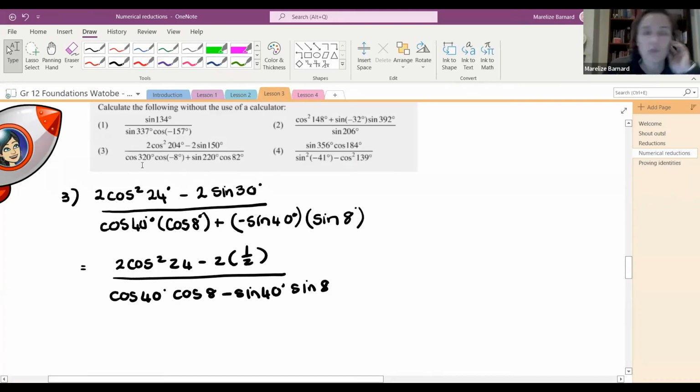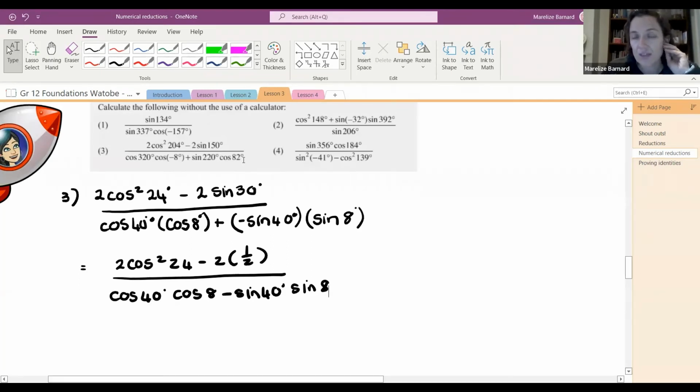Then cos of 320 is cos of 40, because that's in the fourth quadrant, and cos is positive in the fourth quadrant. Cos of minus 8 degrees is also positive, it's cos of 8 degrees. And then sine of 220, 220 is in the third quadrant, so it's negative sine of 40.